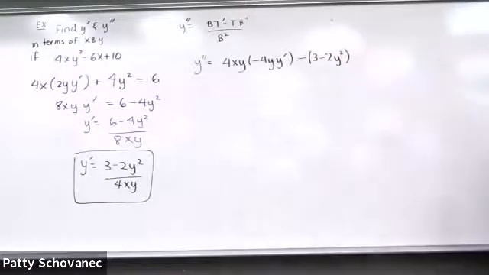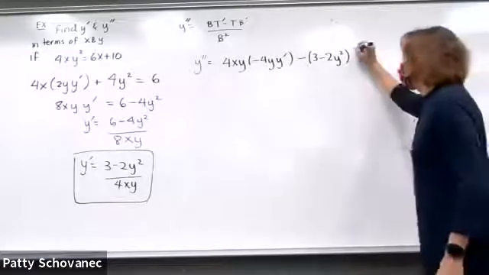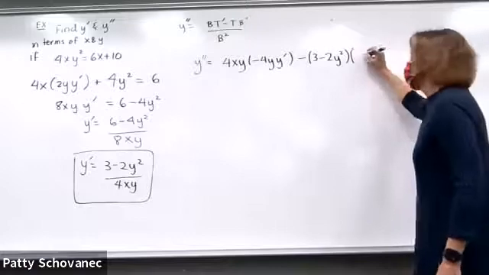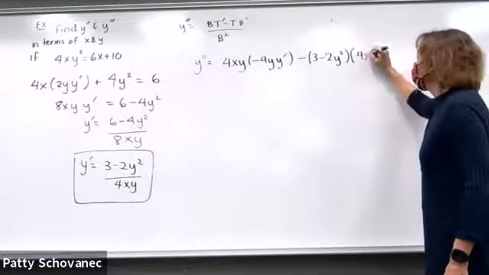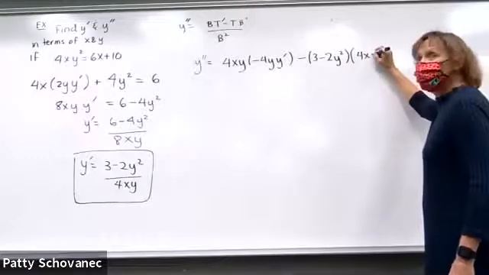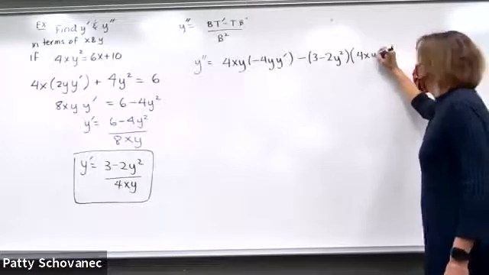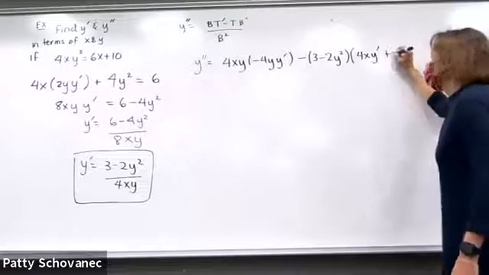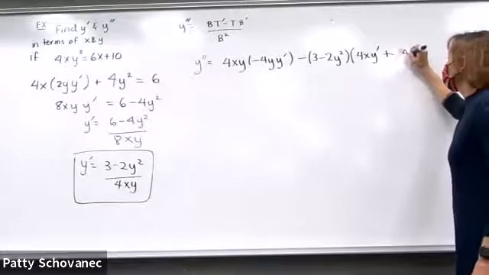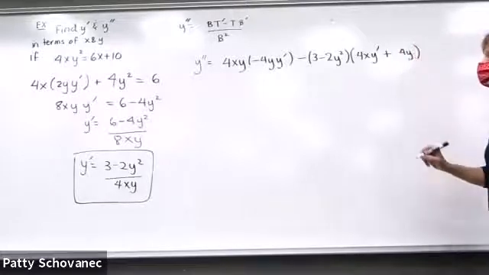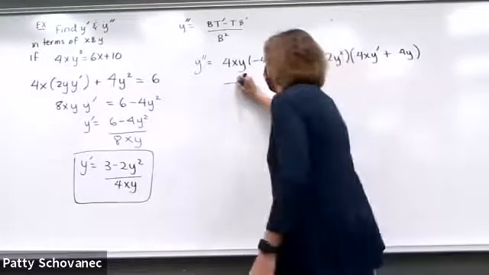And now the derivative of the bottom. Product rule, good eye. You want to continue with it? So it's 4x. And then it's just y prime. Okay, and then plus, I think it just multiplies to 4y. Good. And then all of that is over the bottom squared.